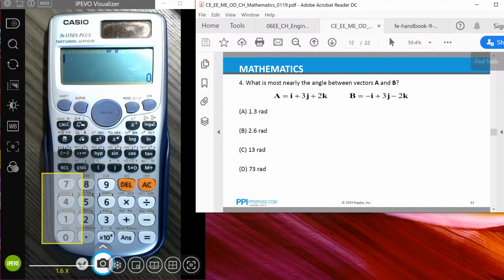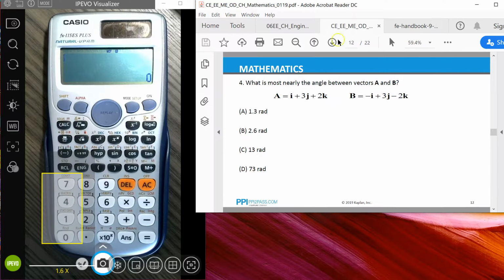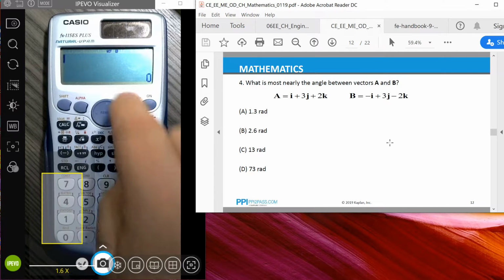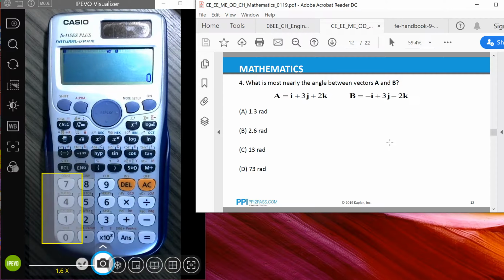I have to recall the formula is A dot B, and then there's the magnitude of A and magnitude of B. Okay, so let's do the A dot B first, right? So A dot B would be, we're still in vector mode, which is kind of nice. So go to Shift, Vector, A, which is number 3, and then dotted with.